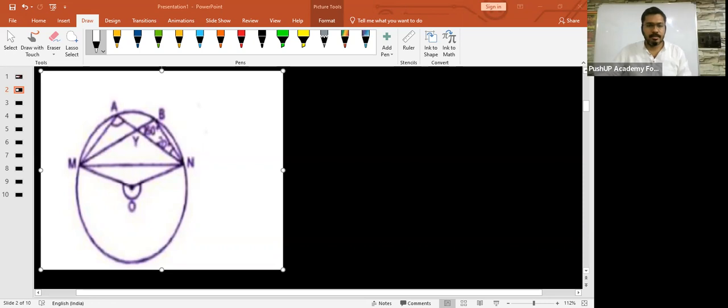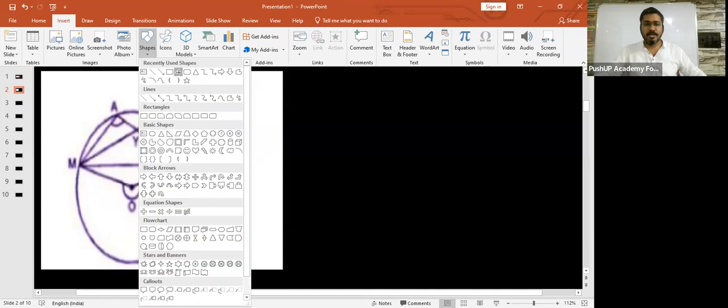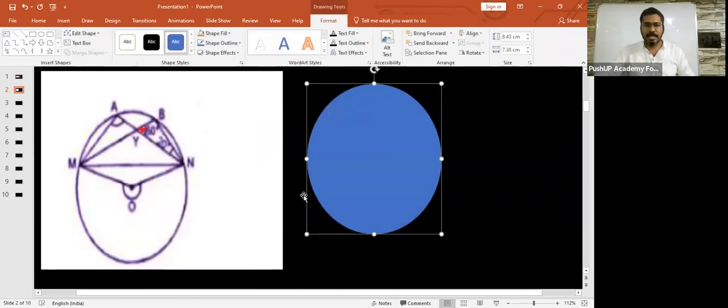And 20. Children, this angle, okay? This angle is 50 degrees. Otherwise, I'll just recreate this diagram. Just a minute. I'll just recreate it. It's an interesting question. That's why I didn't want you to leave it.